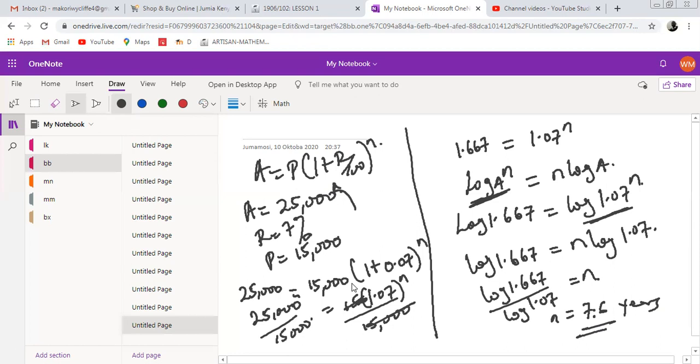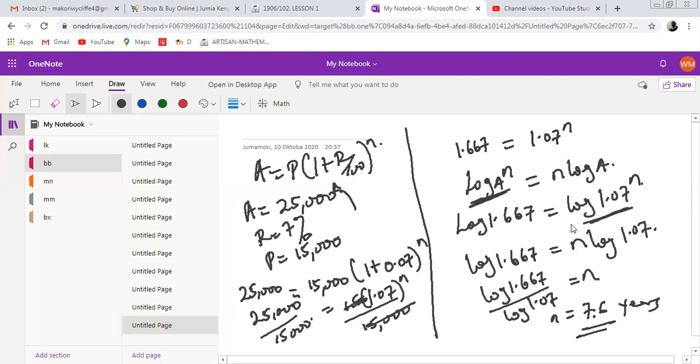So one thing I want to emphasize here, whenever you are looking for n or working out for n, you will have to introduce logs so that now you can bring this power down here. There is no way out. It must be introduction of logs so that now we can apply this third rule anytime we are calculating n.